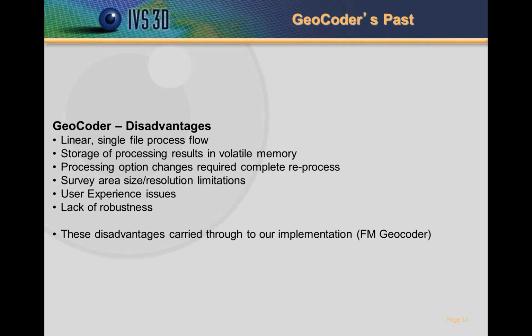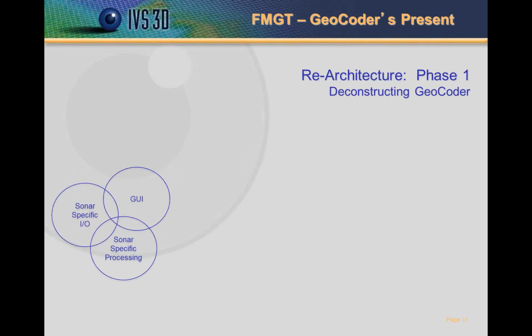So knowing that and being aware of that, we embarked on a re-architecture of the baseline system. In the first phase, we took the three major components, the GUI, the sonar-specific I/O, and the sonar-specific processing, and kind of tore those apart. The first one we did is we removed the GUI and replaced it with a more enhanced workflow.